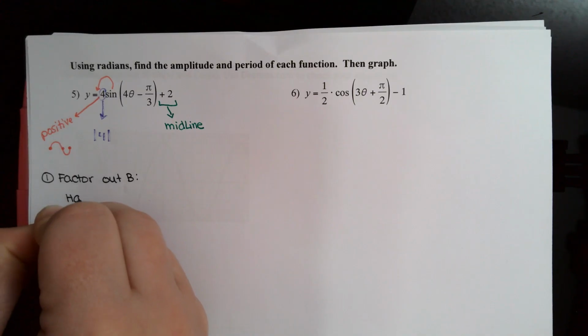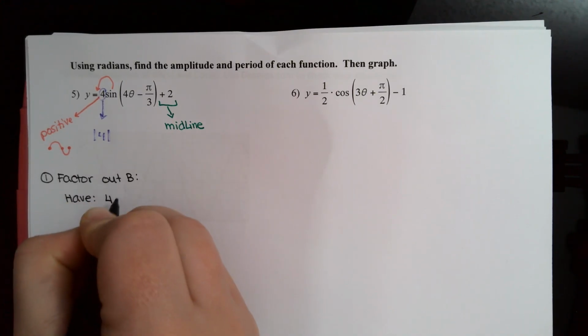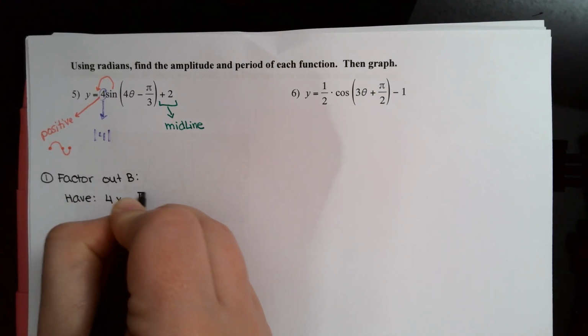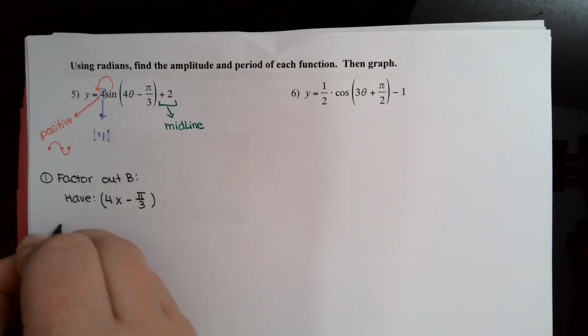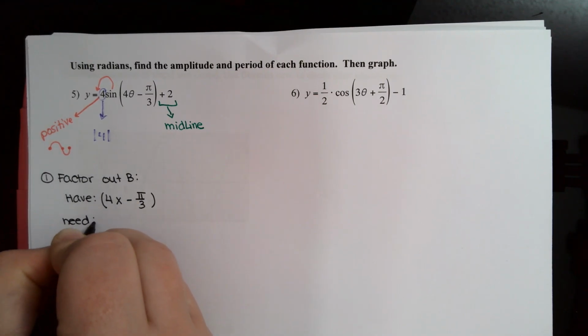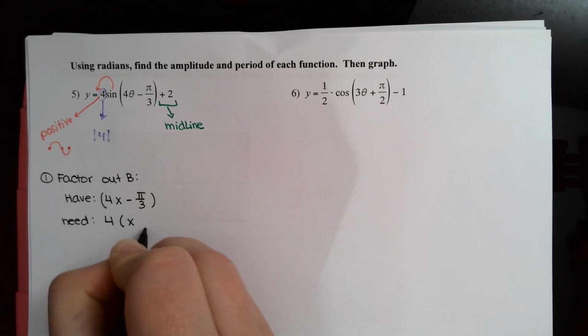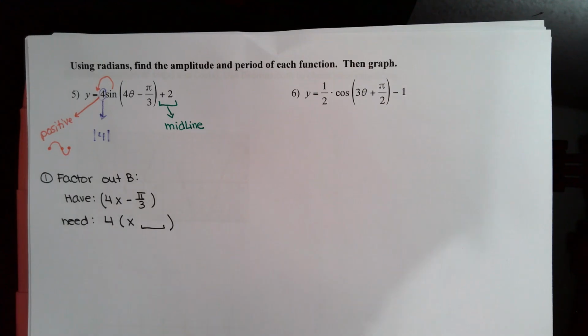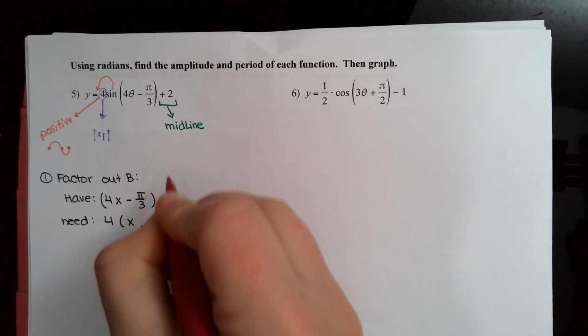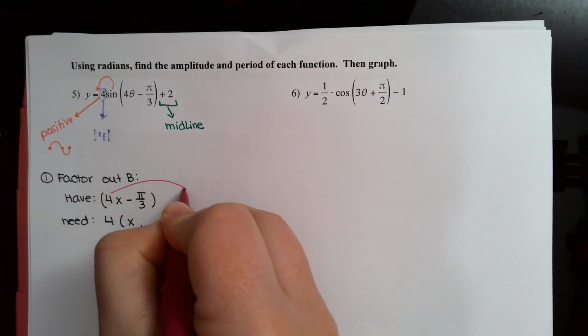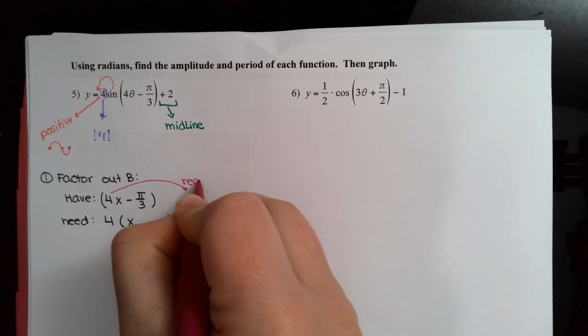So what we have right now is 4, I'm going to change it to x, minus pi thirds. And what we need is we need to pull out that 4 and create this h value. In order to do that, you're kind of going to create a mini equation, and you're going to take out that 4 and take its reciprocal.